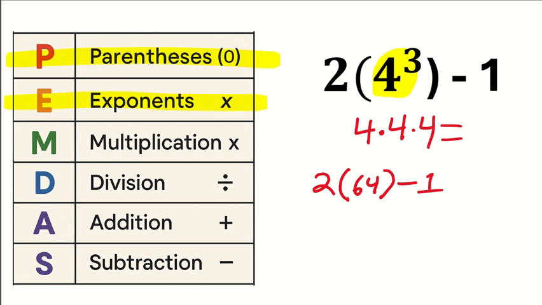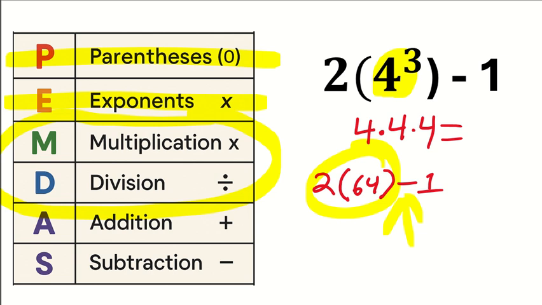Now, what do we do? We have 2 operations. We have multiplication and we have subtraction. What do we do? We consult the order of operations. And look, multiplication and division is always going to come before addition and subtraction, unless the parentheses tell us otherwise. But in this case, they don't.